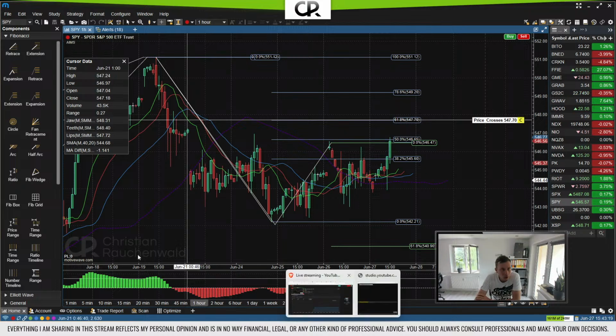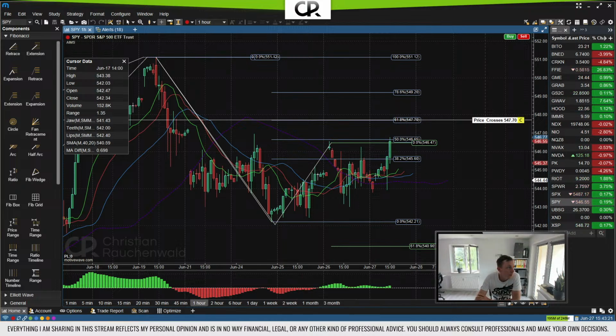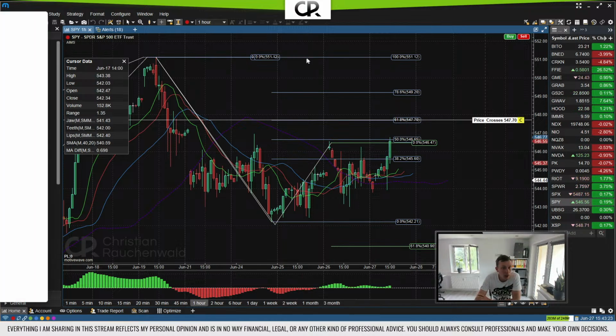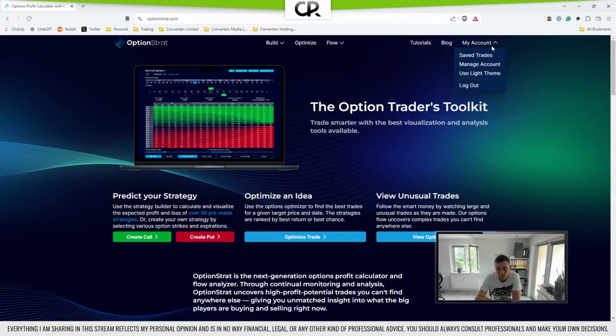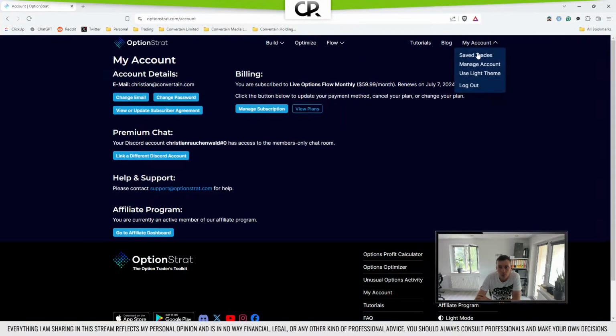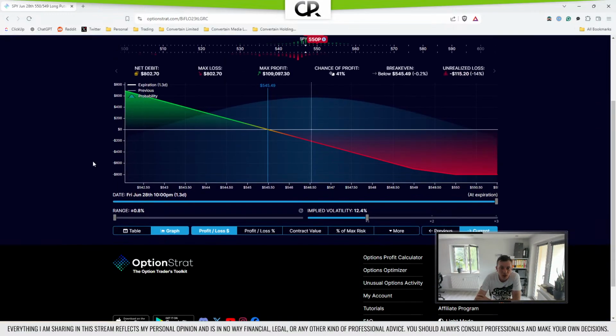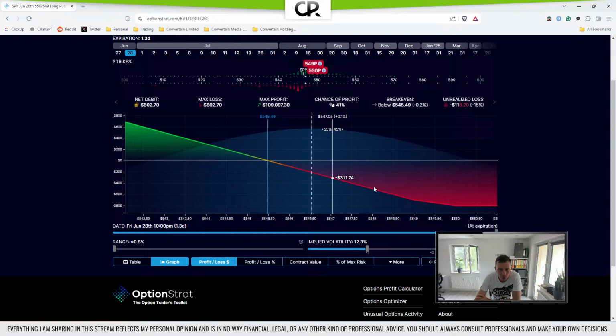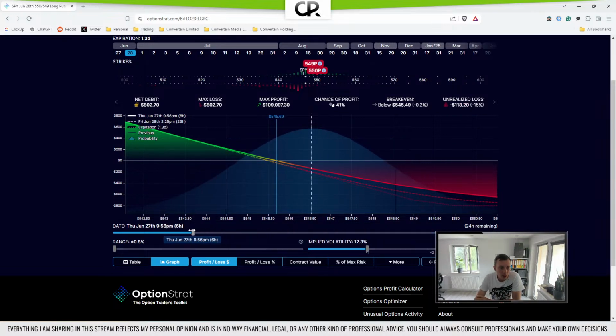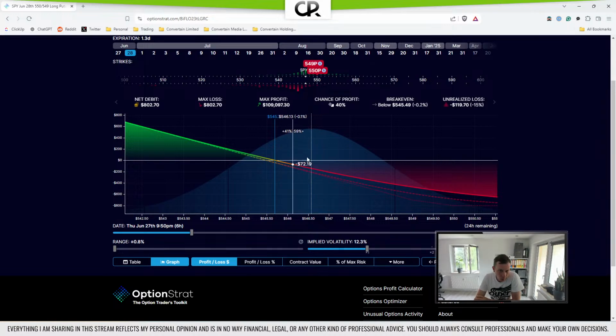We can also, for that, as usual, one second, option strat, not manage account, save trade. So you can see right now it looks like this. Our break-even price at expiration would be that. However, today at market close, or 10 minutes before market close, it would look like this. So depending on where we are, we could close them today, depending on the pattern before market close.